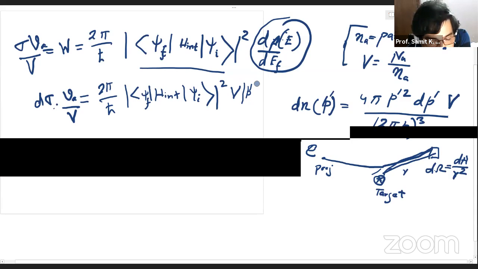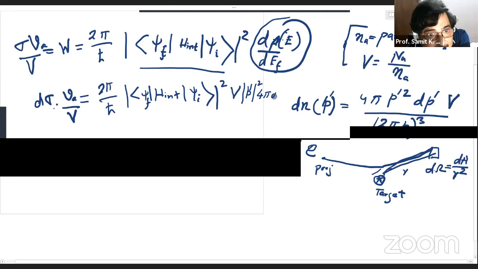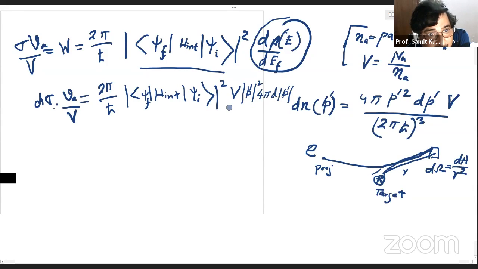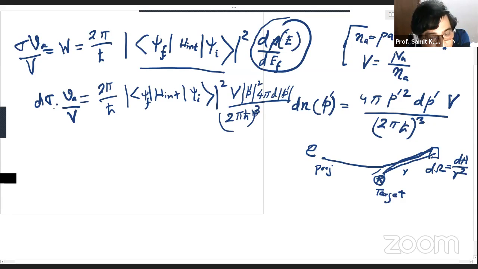The p prime, and this is the square because this term is the square, and then we have a 4 pi term here, then the dp prime, this one, okay, and divided by 2 pi h cube by the dE_f, okay. This is a final state.